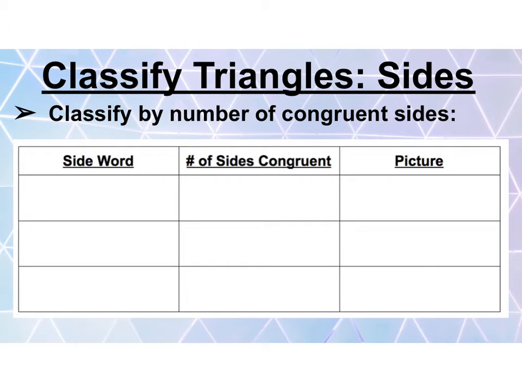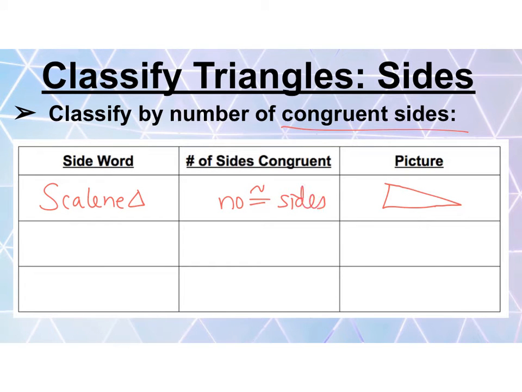We can classify according to the number of congruent sides. So if I have a triangle kind of like that, and none of the sides are marked, then we call that a scalene triangle. That has no congruent sides. If I have a triangle and it has 2 congruent sides, that's going to be our isosceles.